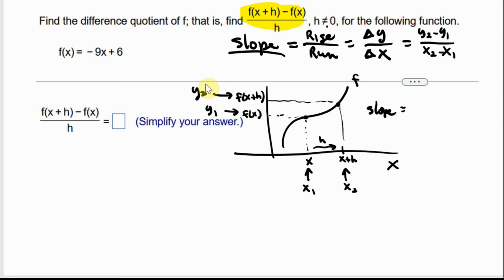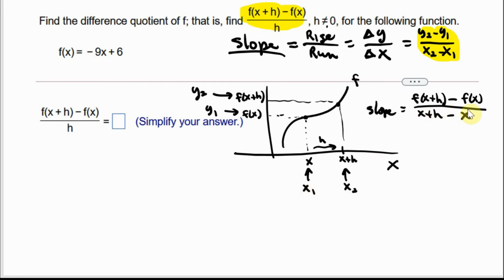So to put that into this formula, we have y sub 2, which is f of x plus h, minus y sub 1, which is f of x, all over x sub 2, which is x plus h, minus x sub 1, that's minus x.